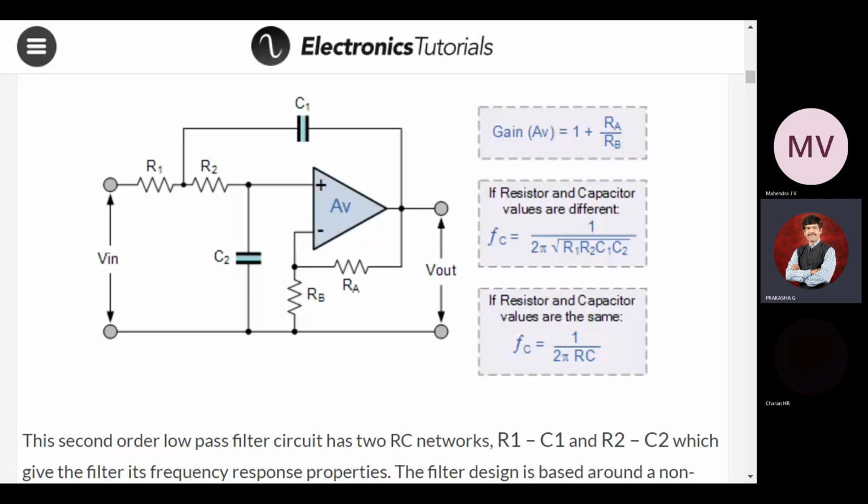Similarly C1 and C2. C is supposed to be less than 1 microfarad, or 0.1 microfarad. Finally, you can go for R equal to 1 by 2 pi FC. This is what is required when selecting the frequency and designing your filter.